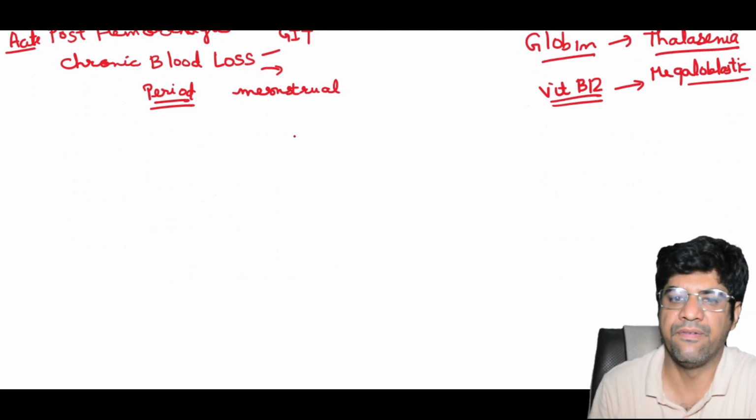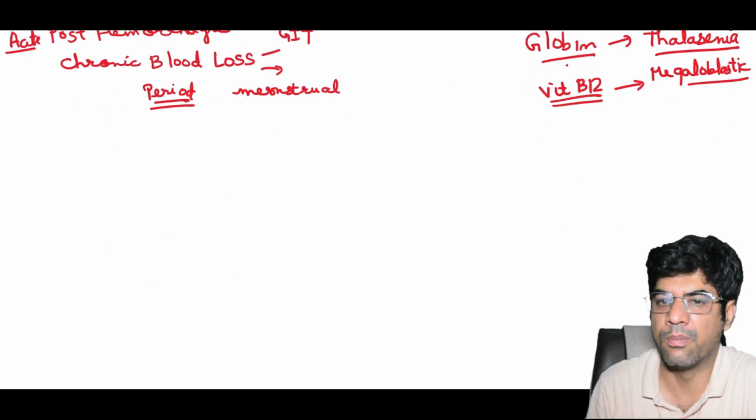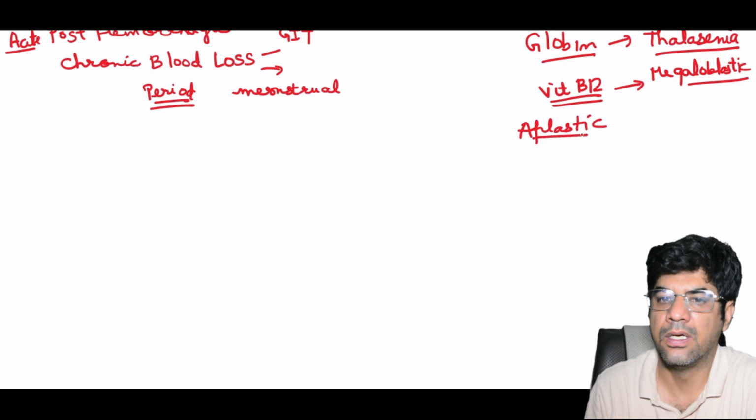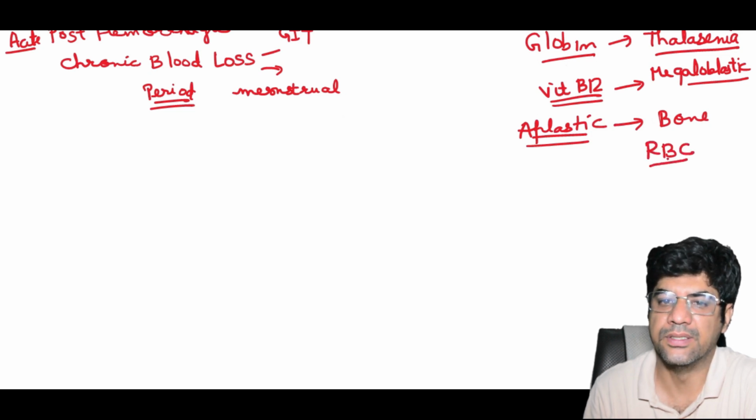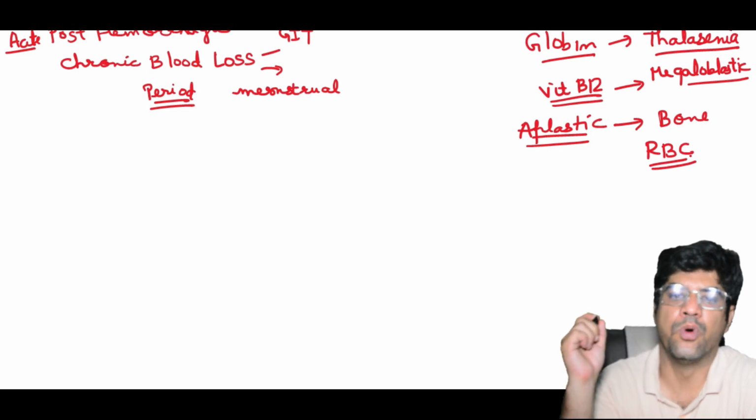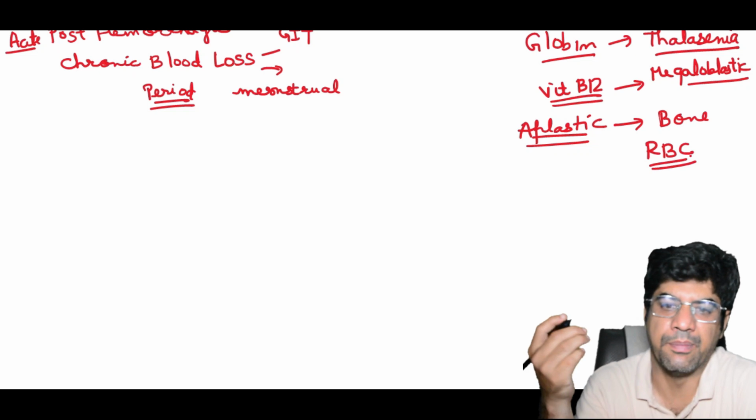Or there could be hemopoietic stem cell proliferation and differentiation abnormalities, like in aplastic anemia, a condition where the bone marrow fails to produce sufficient red blood cells. Apart from that, bone marrow failure can occur due to systemic diseases.